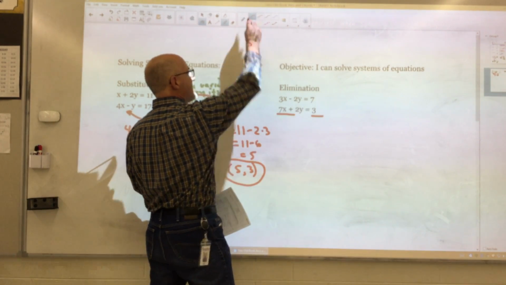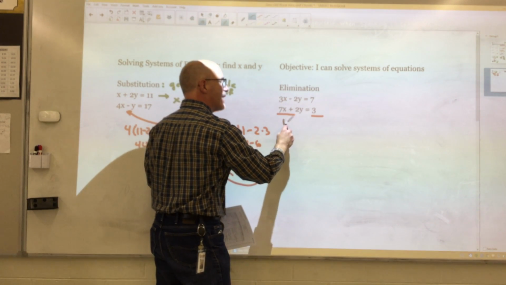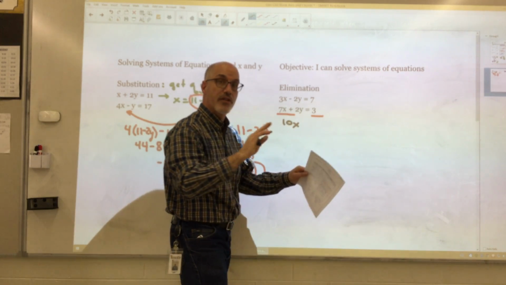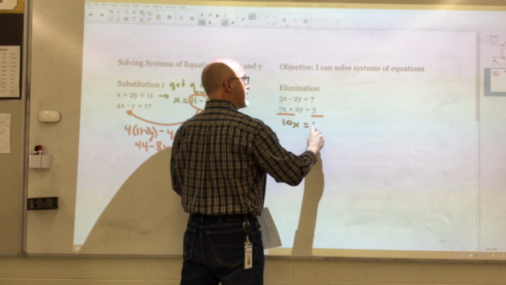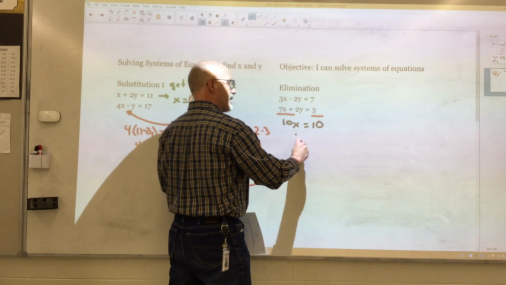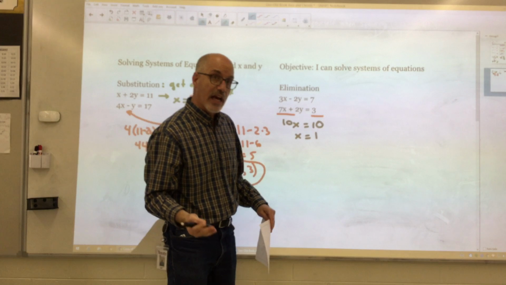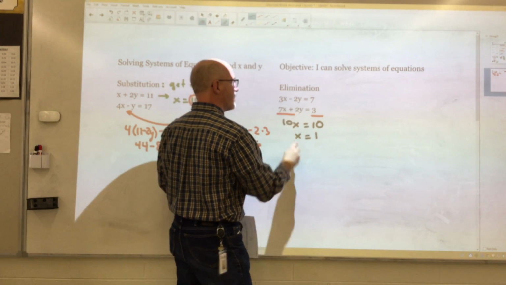And when I add these straight down, I get 3x plus 7x is 10x. Negative 2y plus 2y, they're gone, no more y's. 7 plus 3 gives me 10. Divide by 10 on both sides, you get x equal to 1. Now we use substitution and put that back in. I'm going to put that back into the first one.